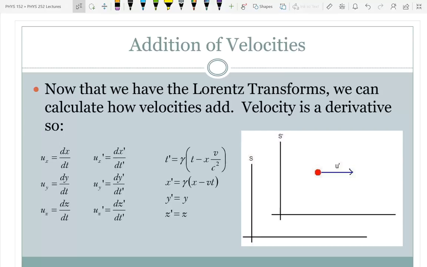V is the speed of one reference frame with respect to the other reference frame. And so if I want to find the speed of an object in the primed reference frame, I'm going to have dx prime and dt prime. Or if I want to find the speed of the object in the unprimed frame, I have dx dt.